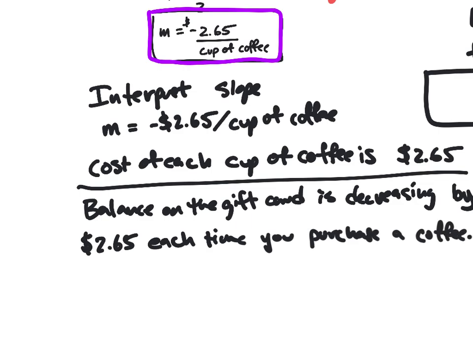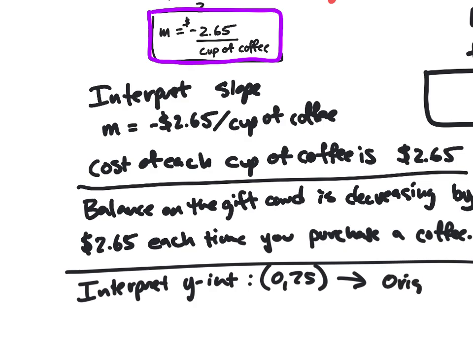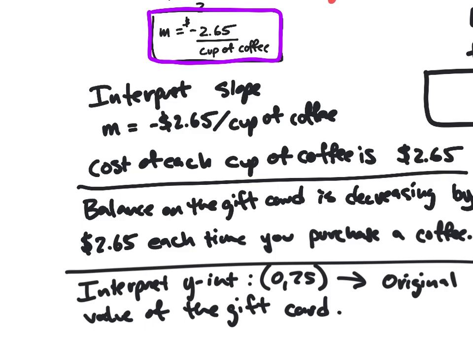Then interpret the y-intercept, which we've already kind of done. The point (0, 25) is the original value of the gift card, or the initial value.